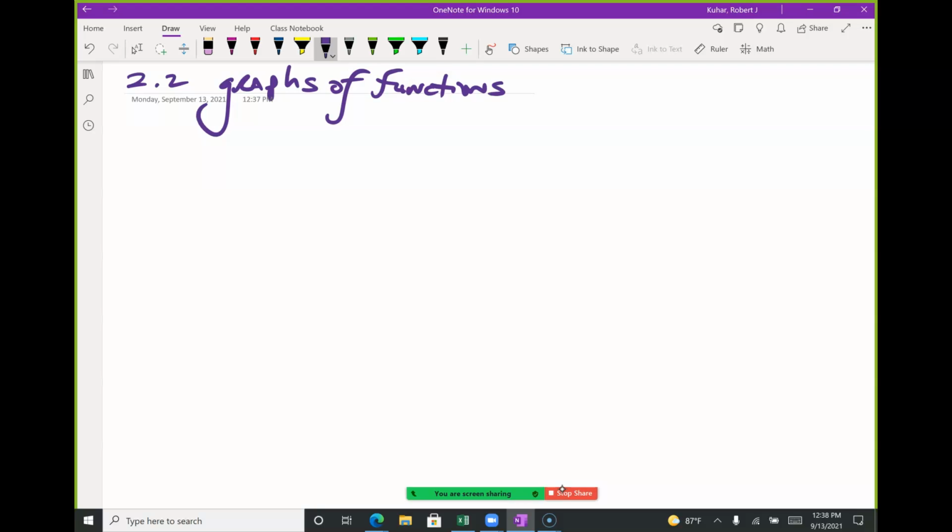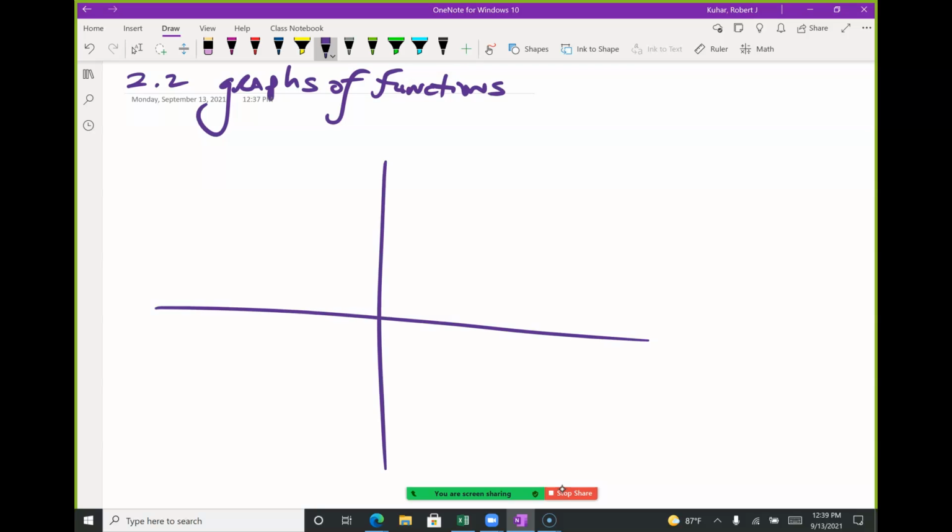Secant line, a line through 2 points on a curve; tangent line, a line through 1 point on a curve. So we get to see more difference quotients today. So graphs of functions, this is 2.2, this is homework 7. It's pretty quick.